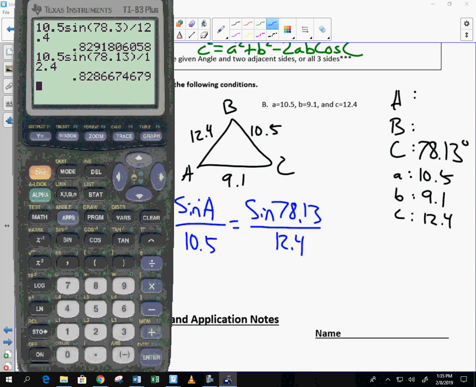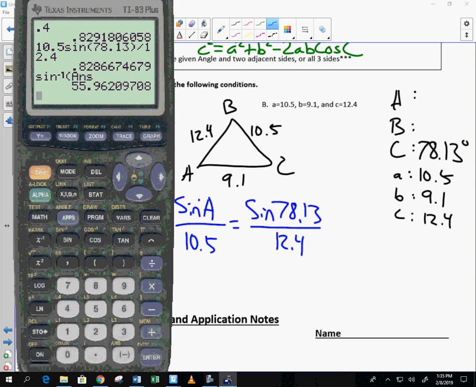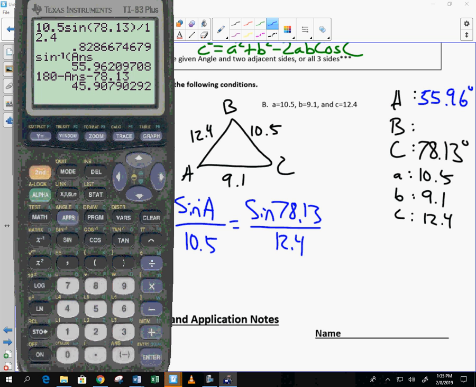All right, now what? 55.96. And as Samantha said, we now subtract those from 180. 180 minus that answer, minus 78.13. All right, typed everything in. You guys are being very helpful today in that regard. 45.91.